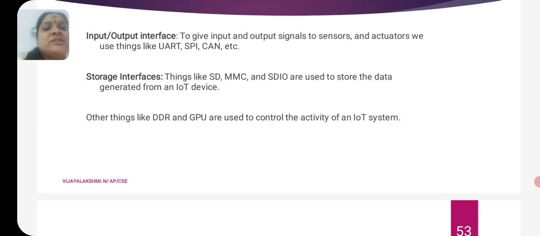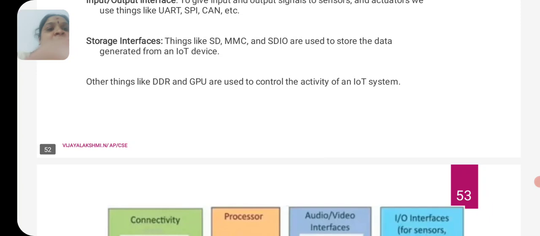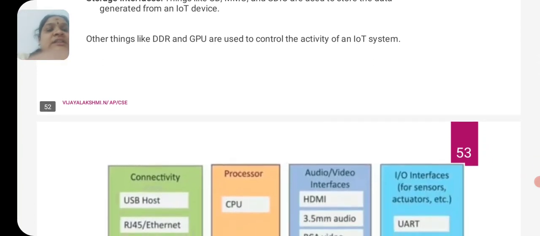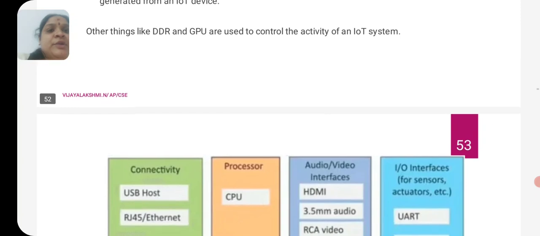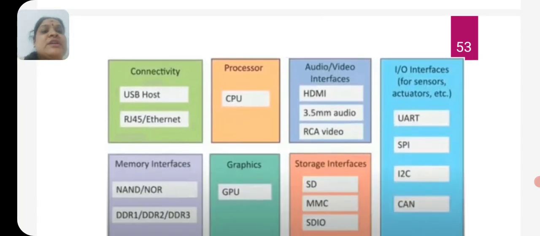And we need to use a storage interface, that is SD, MMC, and SDIO. Other things are double data rate and GPU, the graphical processing unit. So these things we are using for the physical design of IoT.